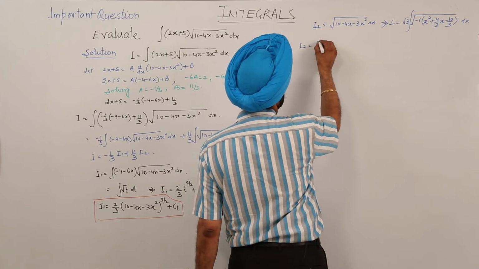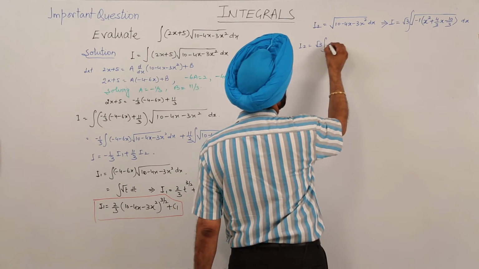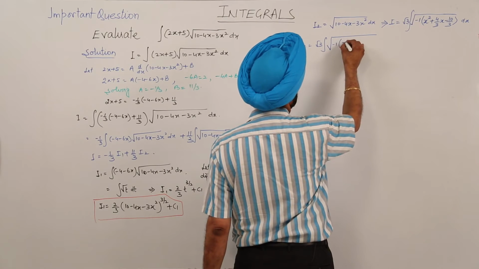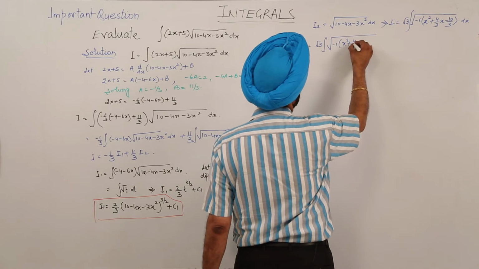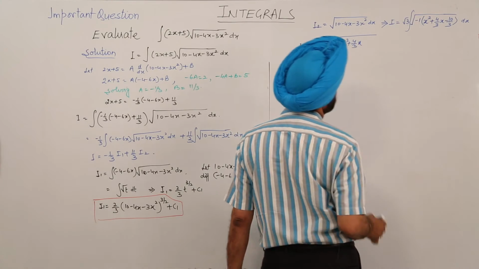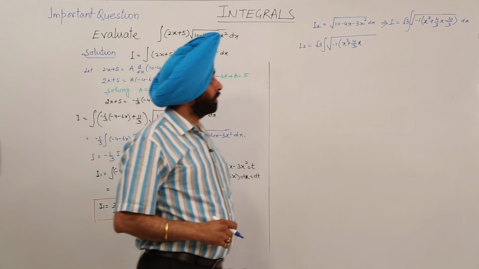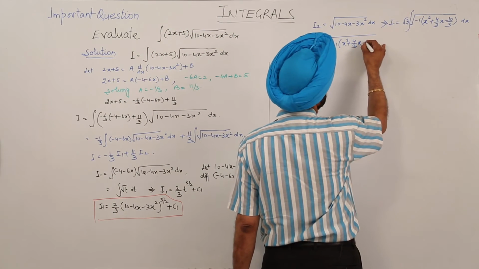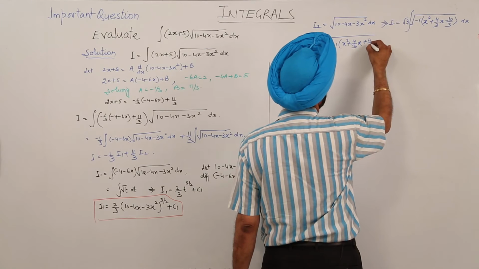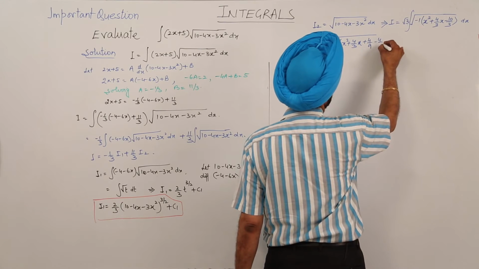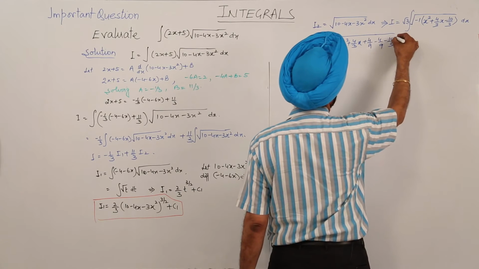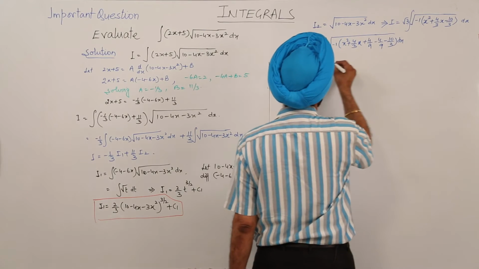I2 is equal to root 3 integration of 1 over the square root of -(x² + 4/3 x ...). Now making it a perfect square, adding the half coefficient of x, that is (2/3)², plus 4/9 minus 4/9 minus 10/3, dx.